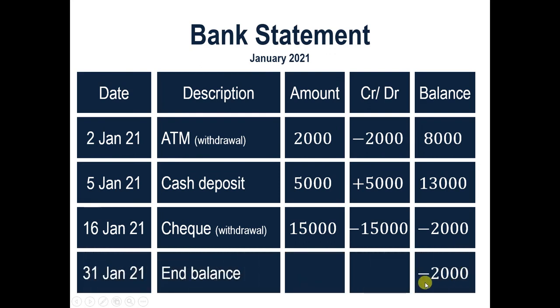What does this 2000 mean? Well, you can easily understand this. I had only 13,000 rupees and I have taken 15,000. That means this 2000 is a loan that I will have to pay to the bank.